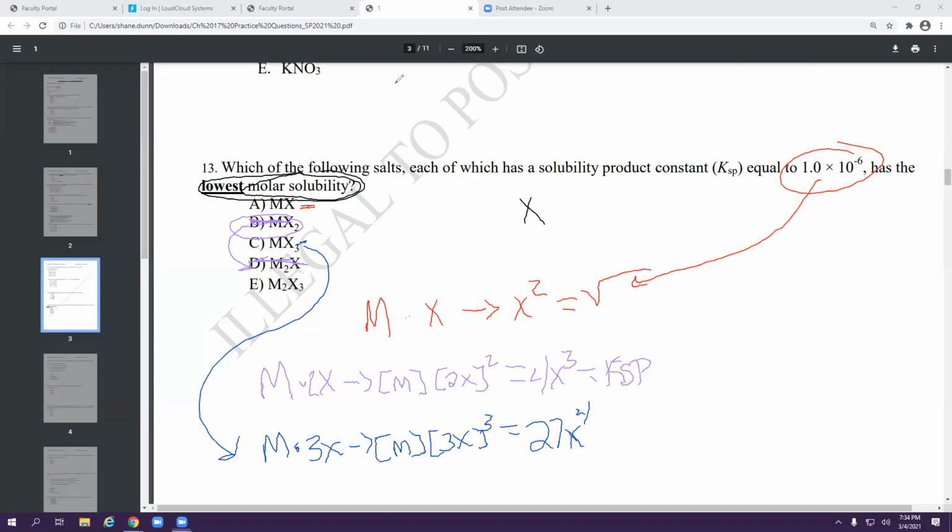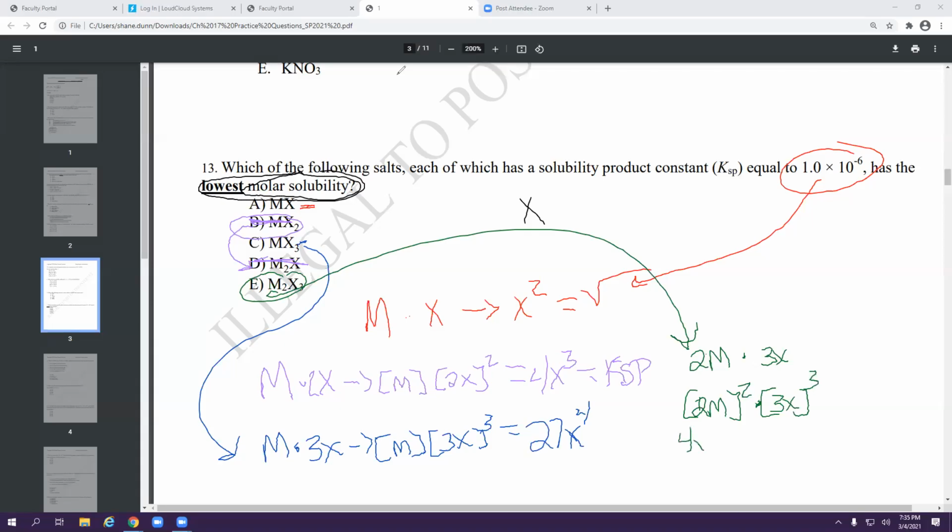Okay. And then let's do dark green for this guy. This is going to be 2m times 3x. So that's going to be 2m squared times 3x cubed.